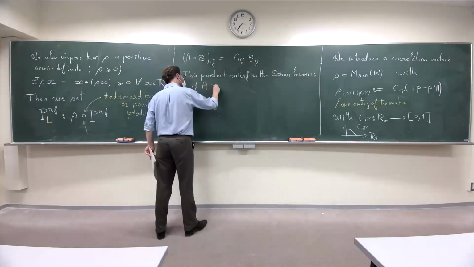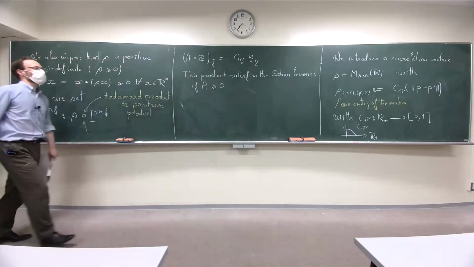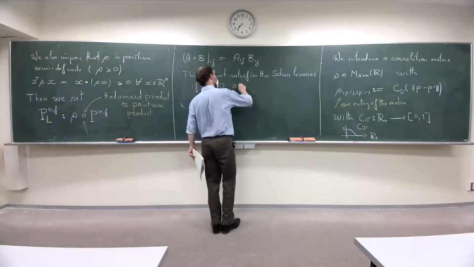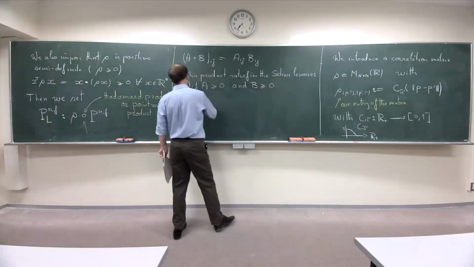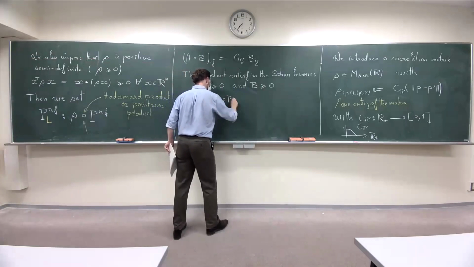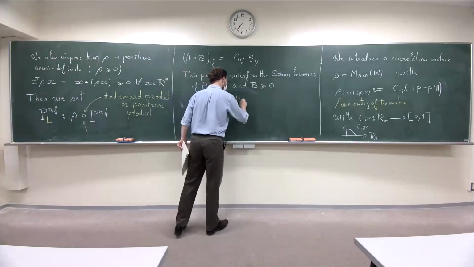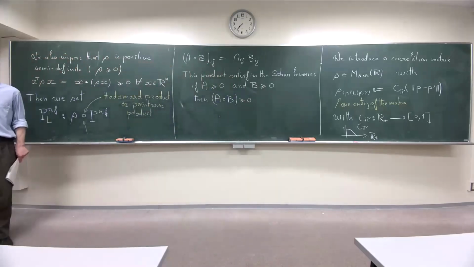If A is bigger or equal to 0 in the sense I have introduced before, and B is also bigger or equal to 0, then A Hadamard product with B is bigger or equal to 0, which is good. Why is it good?